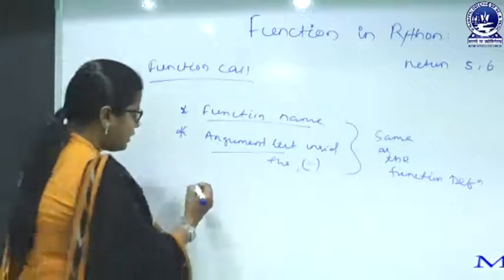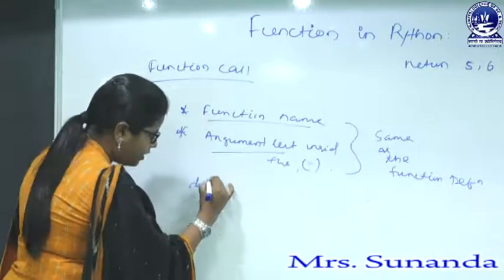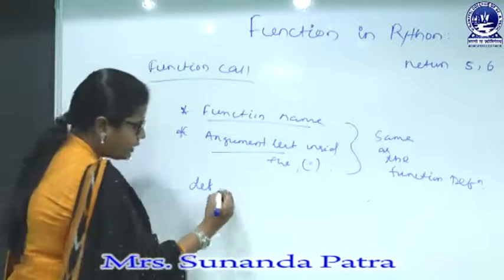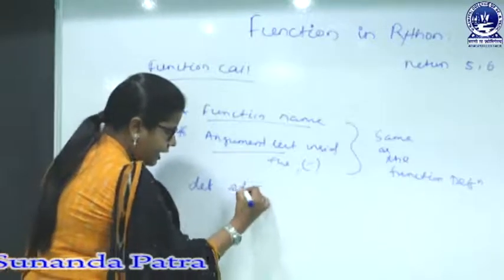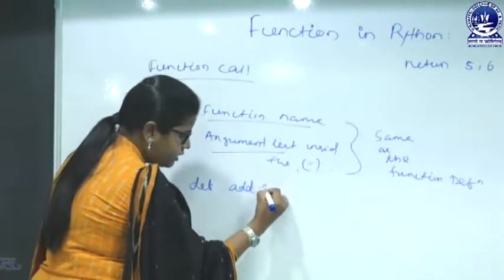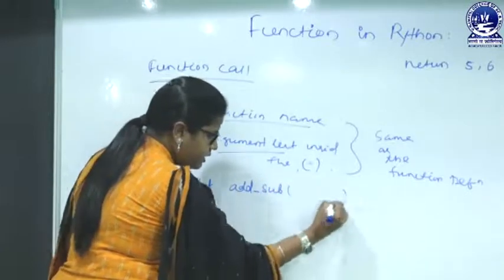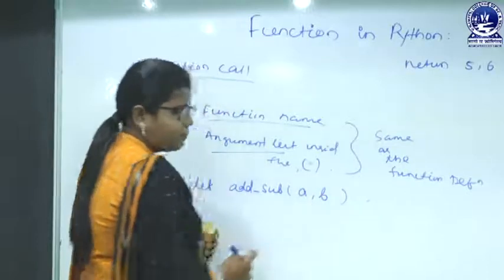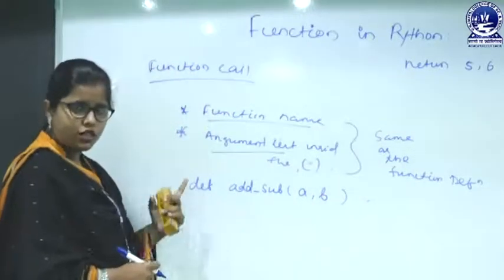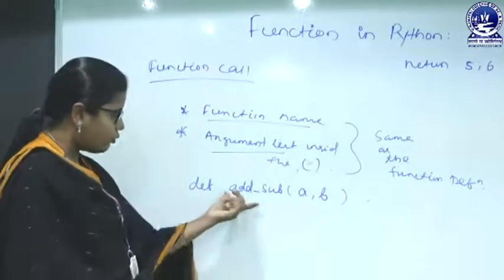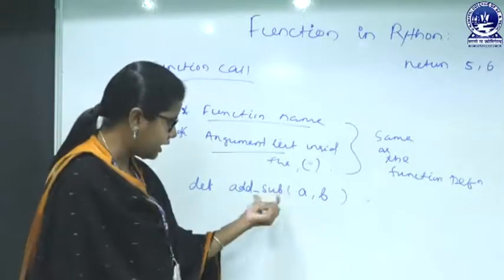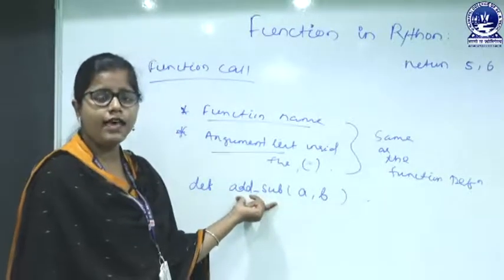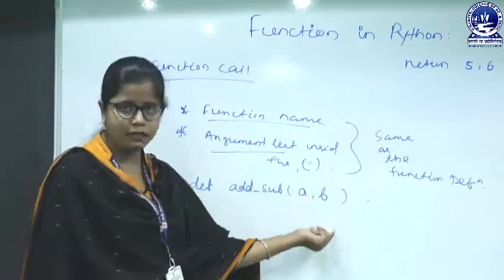Suppose I am writing the function definition as def, the keyword, and the function name I am writing here add, subtract. Here the arguments are, suppose, a and b. So this is the function definition. That means we are declaring a function add sub, and we have two arguments, a and b.